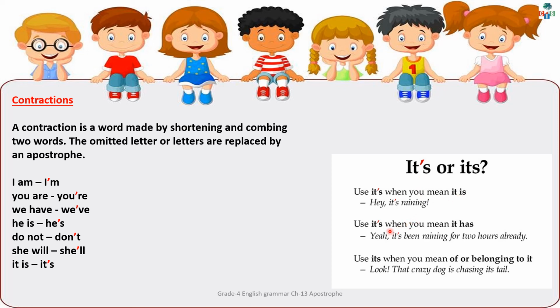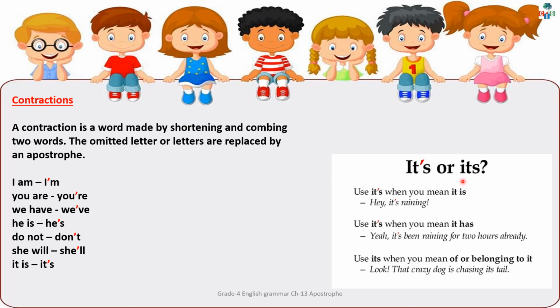And second use of it's means it has. For example, it's been raining for 2 hours already. Here, it means it has been raining. Understood? So, whenever it's is used with an apostrophe mark, it means it is or it has.